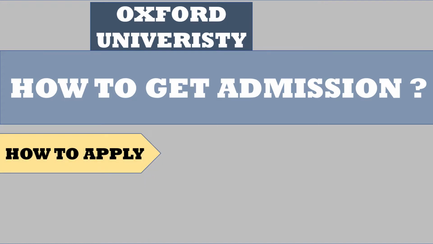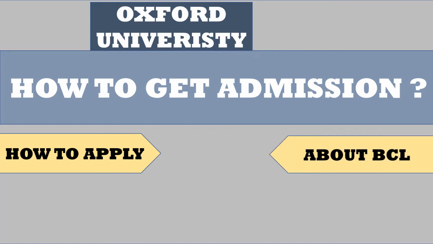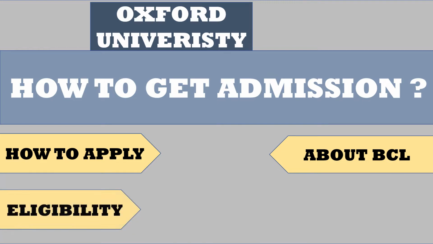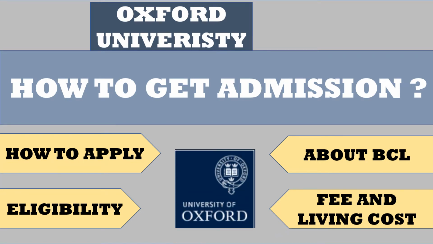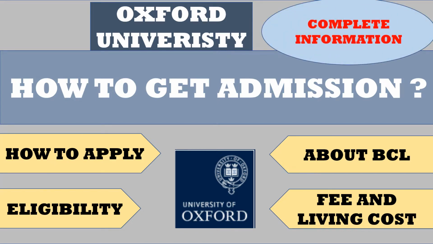We will discuss how to apply, what this course BCL is, the eligibility, and fee and living cost. We will discuss that in such a manner that you will get complete information about admission at Oxford University for this course, BCL.